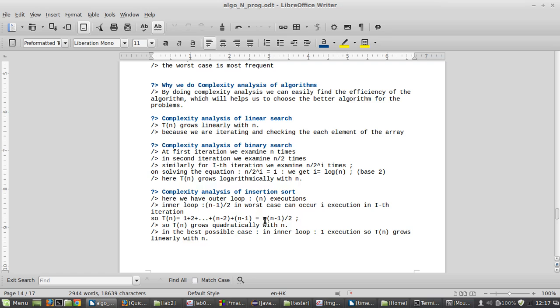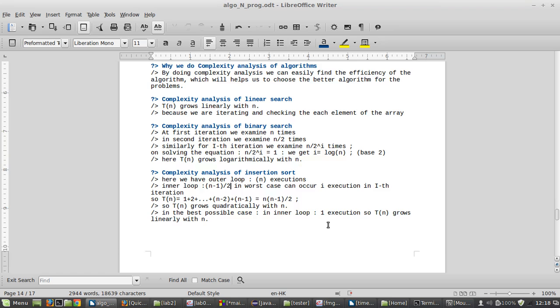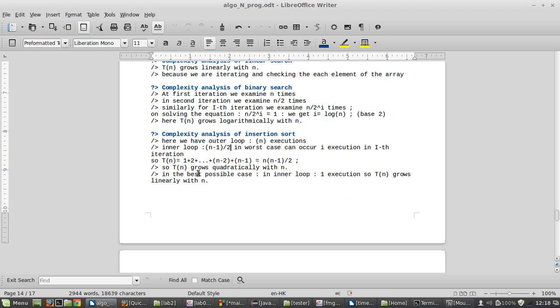So the inner loop will execute n minus 1 by 2 times, because only in the worst case do you have to execute n minus 1 by 2 times.